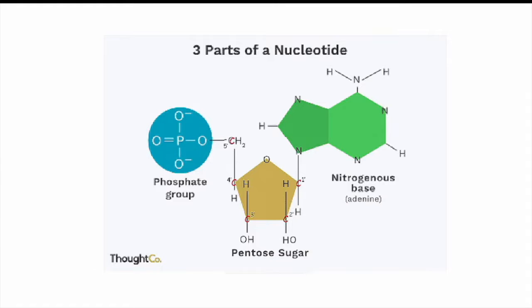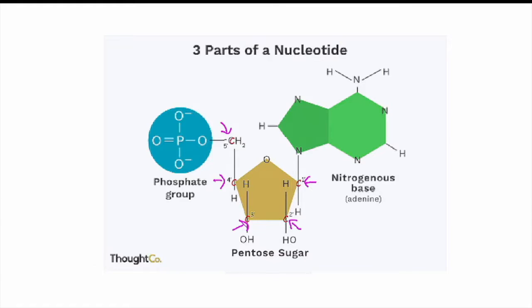I want to remind you of our carbons. These are going to be important, as you know already. The primes, and just point out a couple of things. If we're looking at our pentose sugar here, and in this particular image, this is ribose sugar, so this is in RNA.